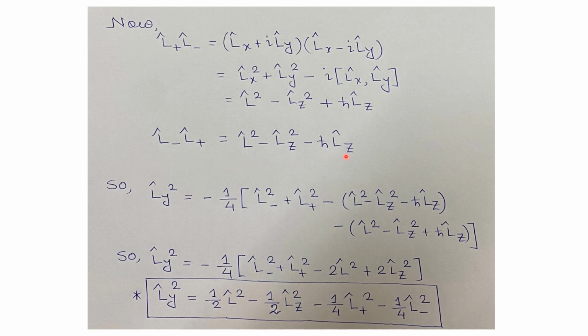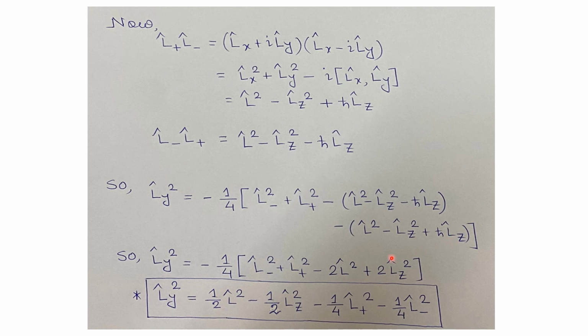So essentially after putting this in the main expression of Ly square, that is minus 1 by 4 times (L minus square plus L plus square minus this L minus L plus, that is L square minus Lz square minus h cut Lz, minus L plus L minus, that is L square minus Lz square plus h cut Lz).